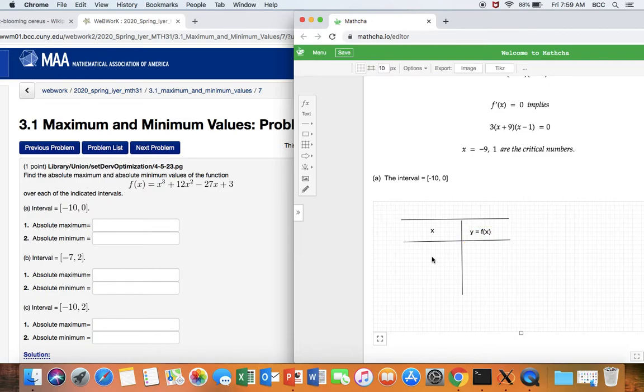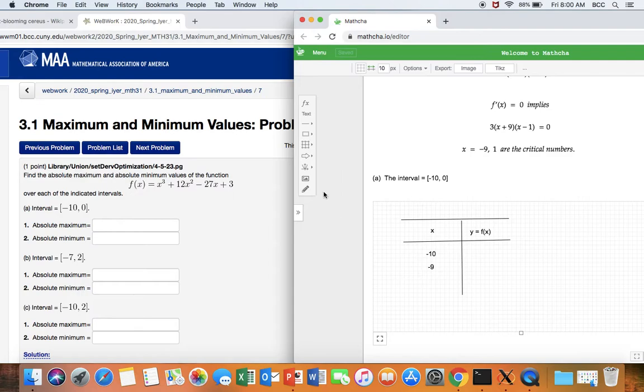All right, so that's there. So what are the options? Negative 10. Was the other option negative 9? Mind you, negative 9 fits here.